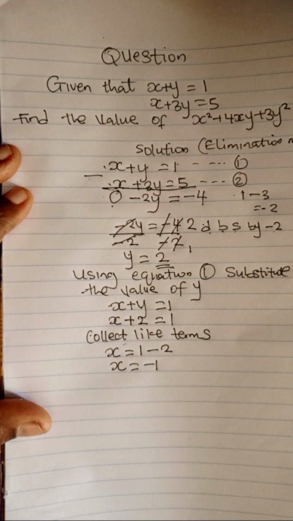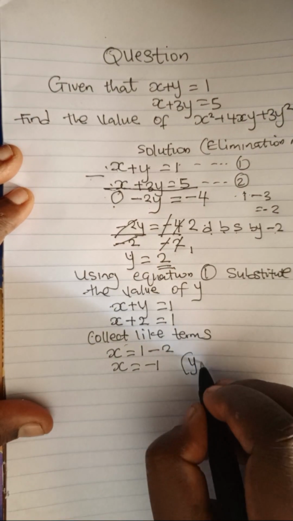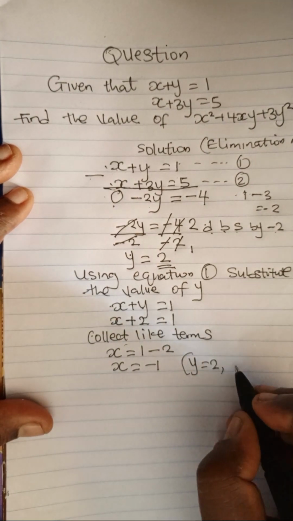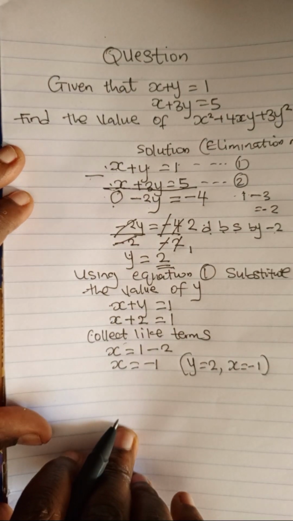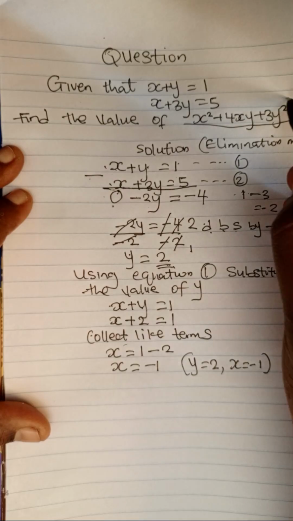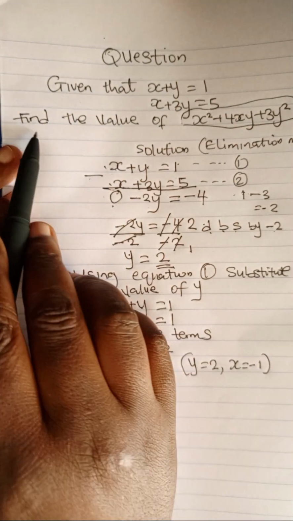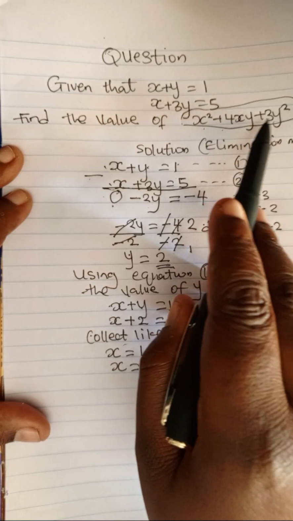Now we have the value of x and y. Let me just write it by the side. y is equal to 2, that's the value of y, while x is equal to minus 1. Now we can answer this question because they said we should find the value of x squared plus 4xy plus 3y squared.